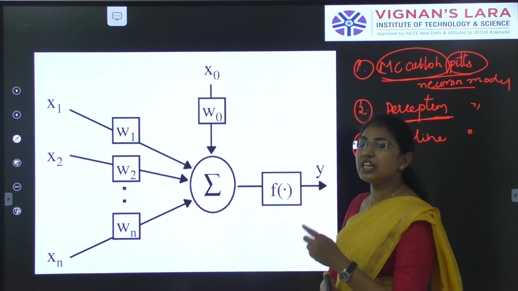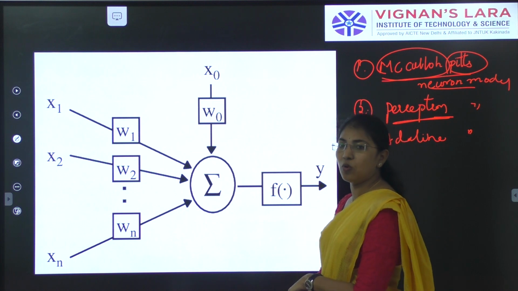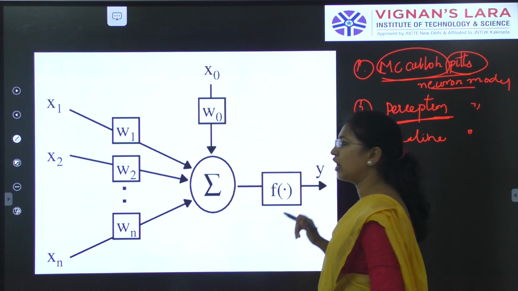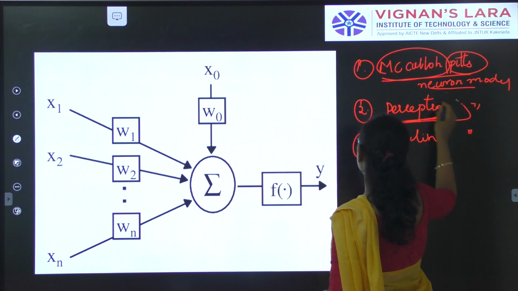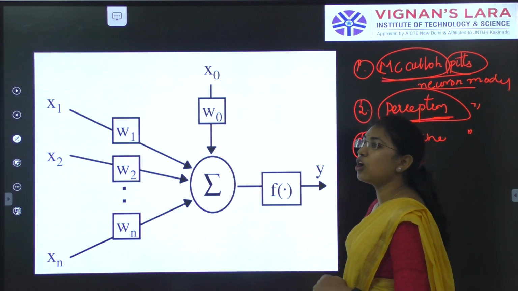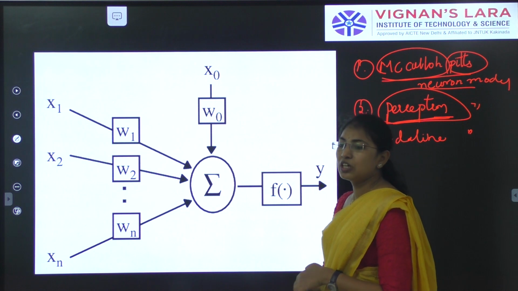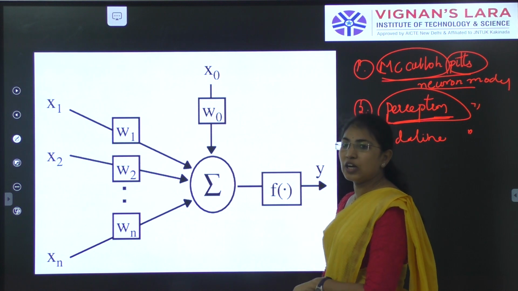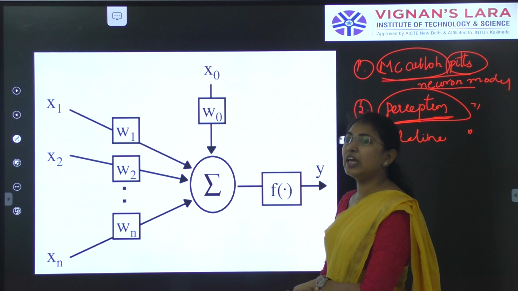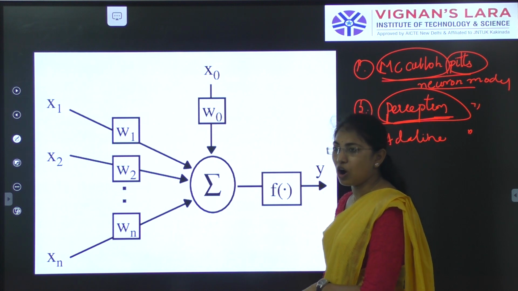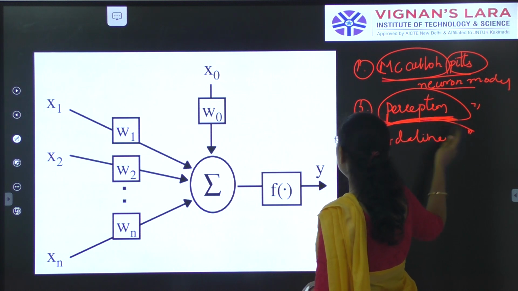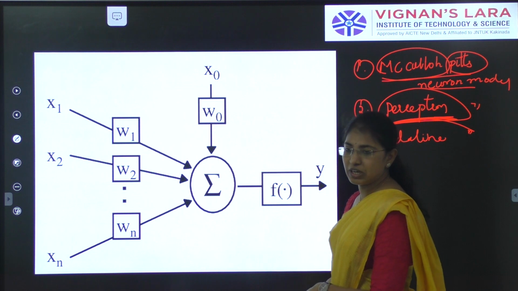And that is the disadvantage of McCulloch-Pitts neuron model, and that disadvantage has been converted into advantage in the perceptron neuron model. The perceptron neuron model is equivalent to McCulloch-Pitts neuron model, but the difference between the two is that in the perceptron neuron model there is weight adjustment.